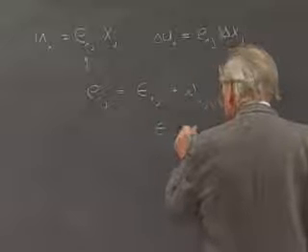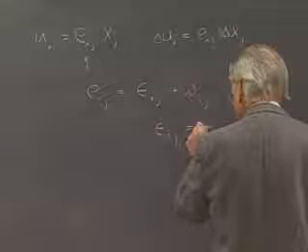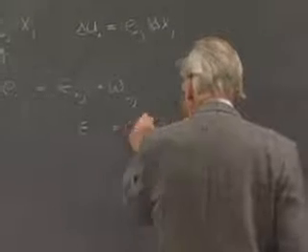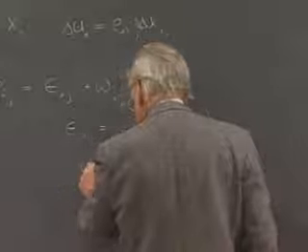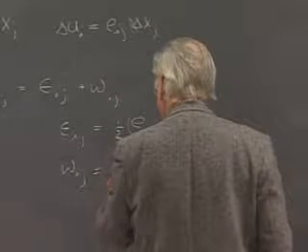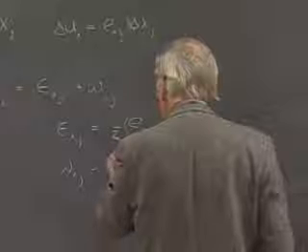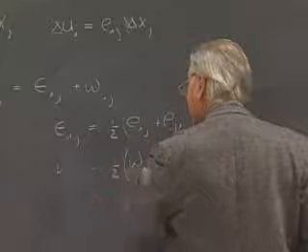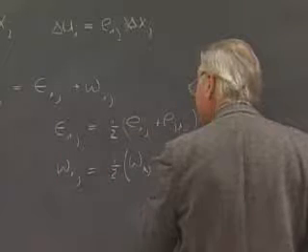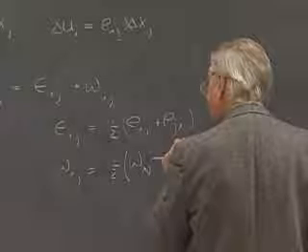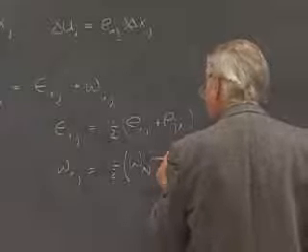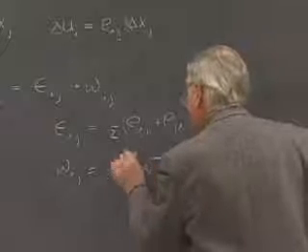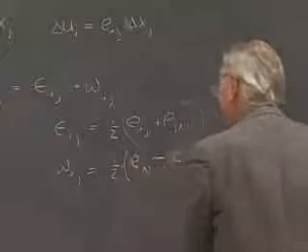Epsilon ij was given by 1/2 of Eij plus Eji. And omega ij is given by 1/2 of Eij minus Eji. Notice the order of the subscripts in this difference. That is a matter of definition, but it defines which term is omega ij and which is omega ji.